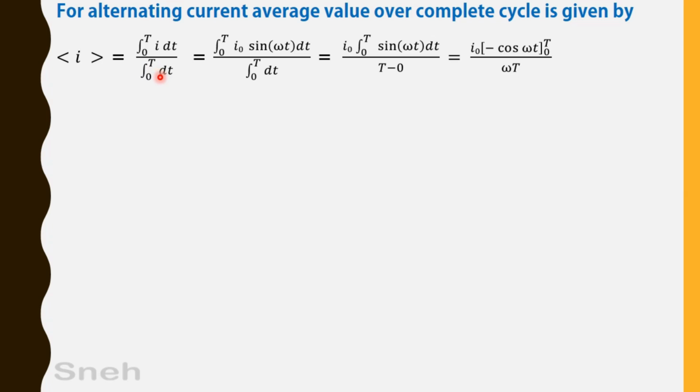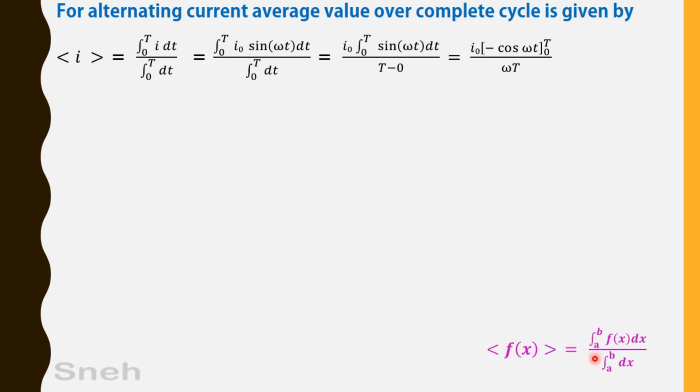Now from where this equation has come? This equation has come from our earlier equation which we have studied, that average of f of x is equal to integration from a to b of f of x dx divided by integration from a to b of dx. What is a and b? a and b are limits of integration, that is lower limit and upper limit.